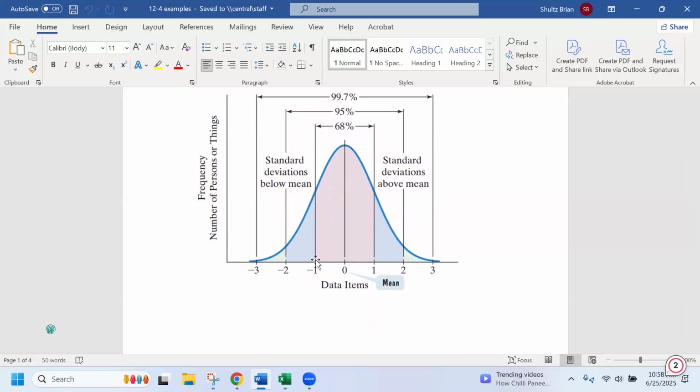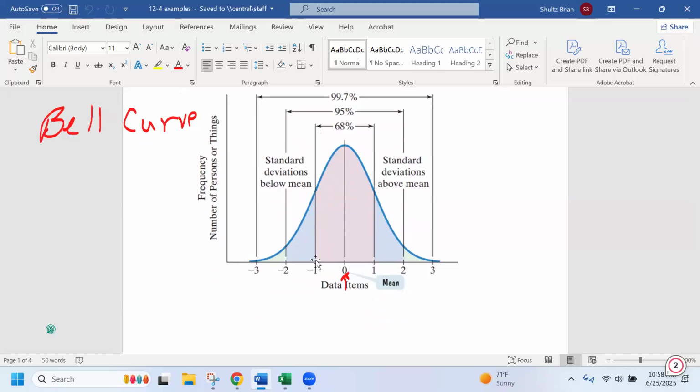Okay, we have this thing right here called a bell curve, because it's shaped like a bell, obviously. In the bell curve, the mean is right there, the middle of it.